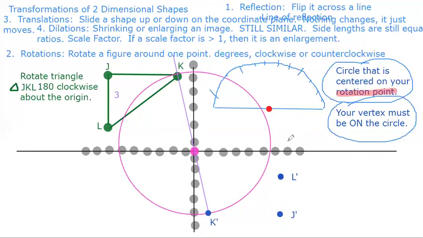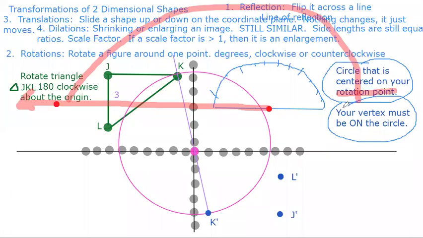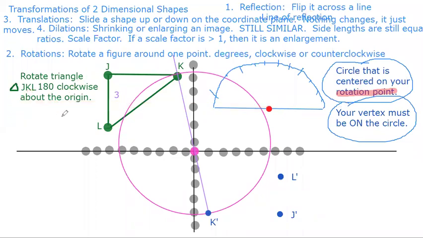That's your rotation point. Then you have to line this up so your vertex would be lined up here. You'd have to extend it. So here's your vertex. And then you'd have to extend a line 180, and then you'd know, oh, okay, that's where my next one ends up. So it's a little difficult with a compass unless your compass is big enough to reach your point. So even that way it's difficult. You'll have to get a ruler out.